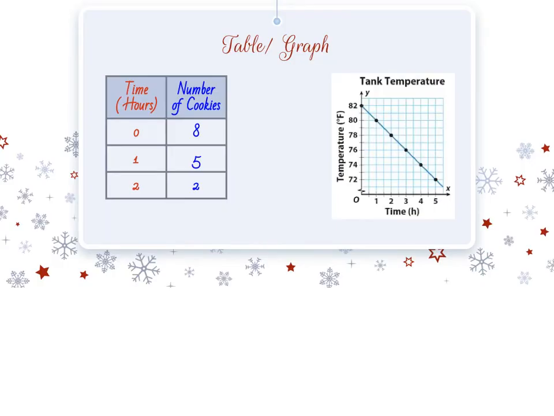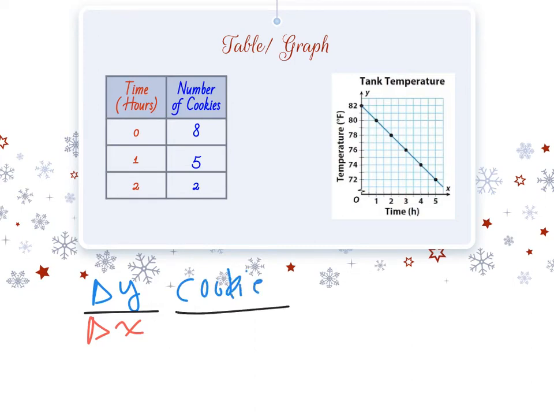Okay, let's practice this one more time. So again, if you remember, it is the change in y over the change in x. In this case, we are talking about cookies per hour, or cookies over hours. So let's look at the change in the cookies. From 8 to 5, we're subtracting 3.